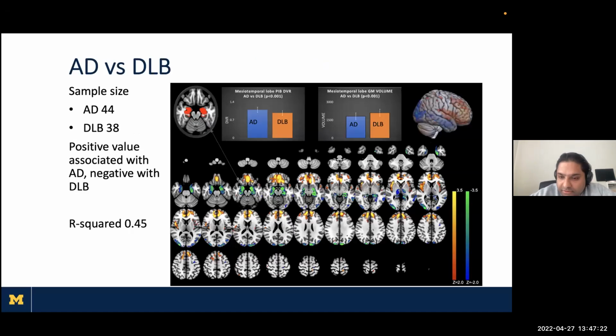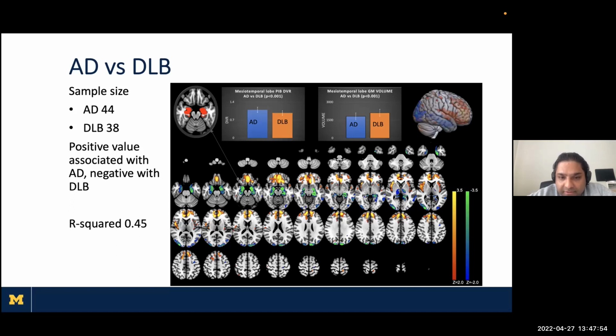In our example of AD versus DLB, with the amyloid data, this is what we found. We are only looking at Z values greater than 2, because at least from our understanding, Z values less than 2 are not significant, so we don't usually take those values.